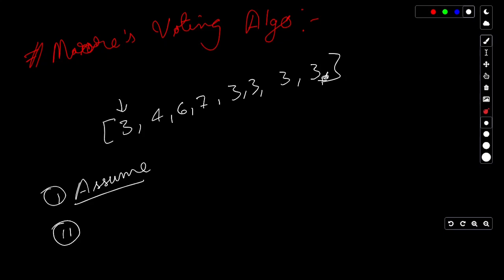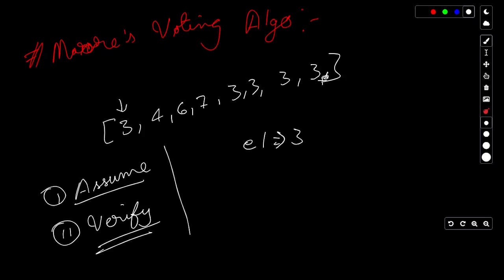The second part of this algorithm is to verify whether this majority element is true or not, whether the number that I've got is a majority element or not. So let's take the element as 3, for example, and its count.